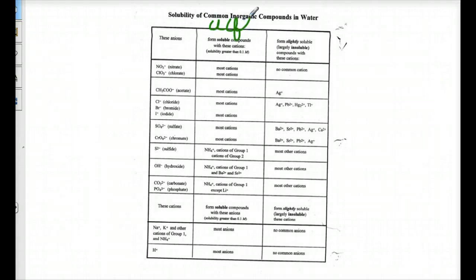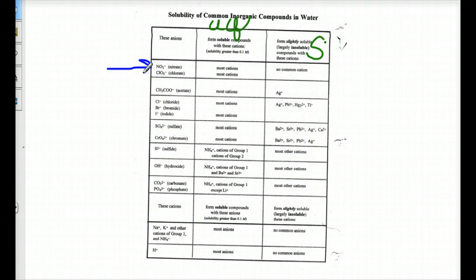We also have another column here that says largely insoluble. So when we say something is insoluble, that means we can't break it down in water. So usually that tends to form a solid. So we're going to label this as our S, also known as our precipitate, right? So make sure you take this into account. What this means is if I say, let's say I am using one of these anions over here.